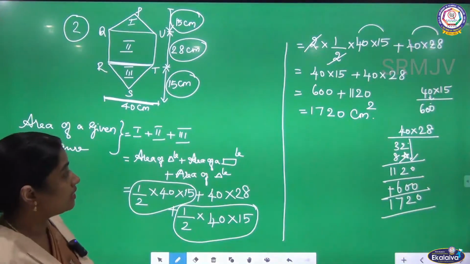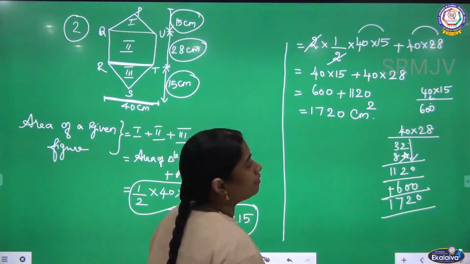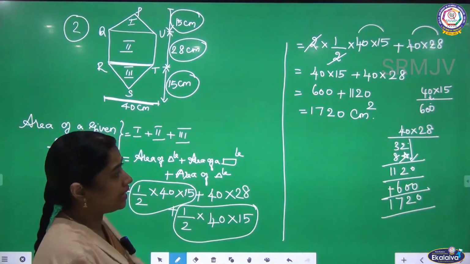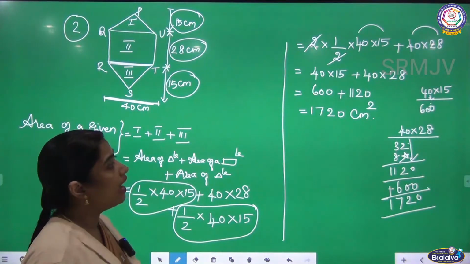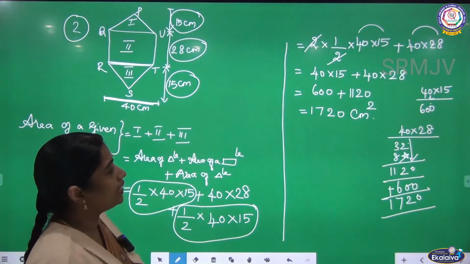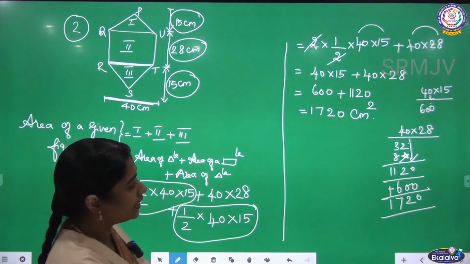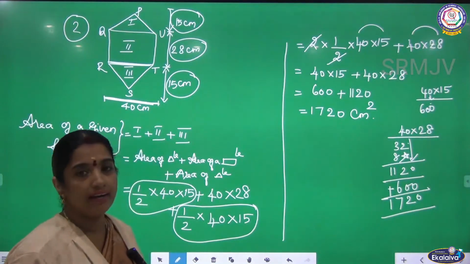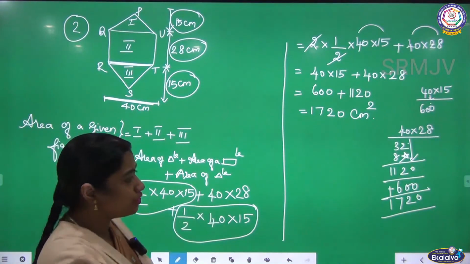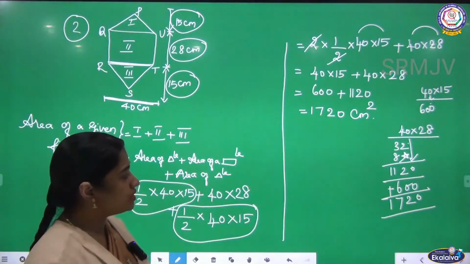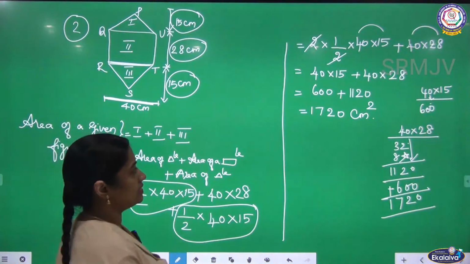Can you clear this, children? So I multiplied 40 into 15, my answer is 600, and 40 into 28, when I multiply I can get 1120. Both together when I add, 1720 is the answer.